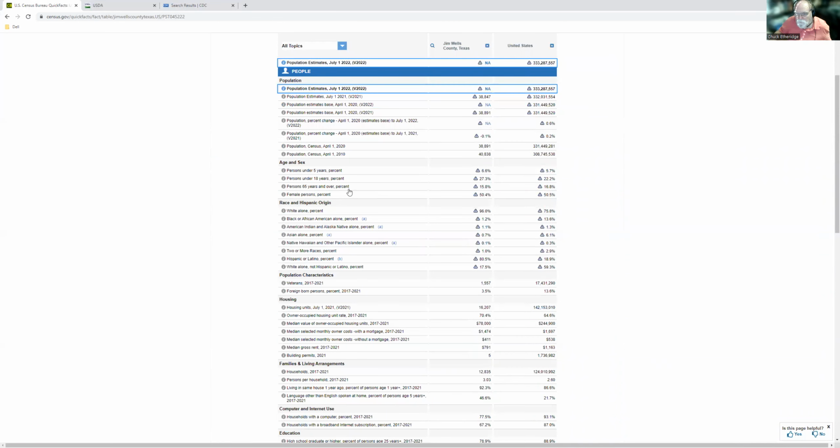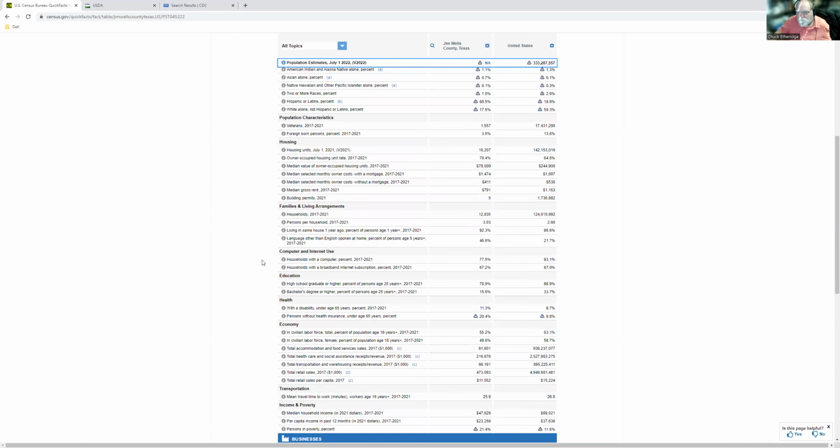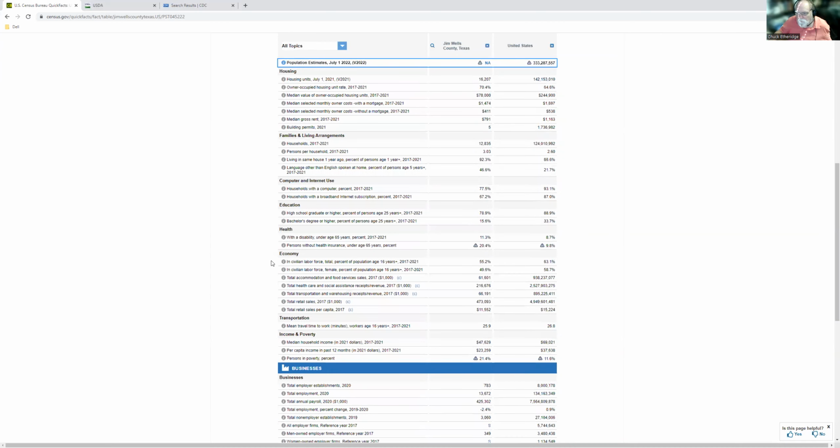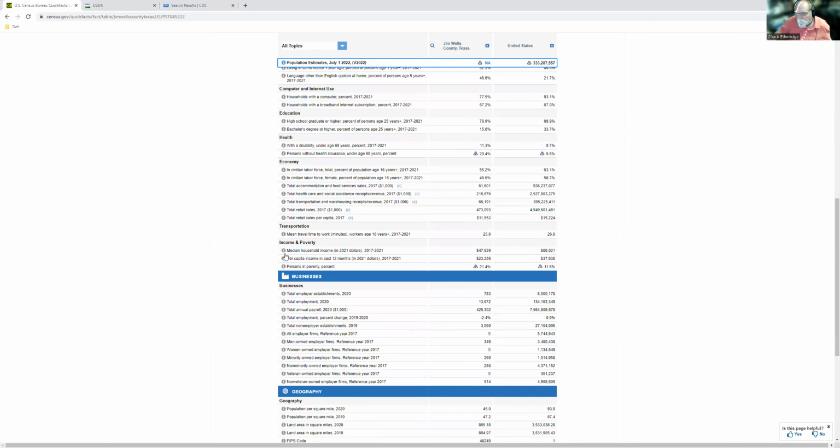You get people 65 and older are 15.8%. It puts it next to the United States as well. So you have things like income and poverty.